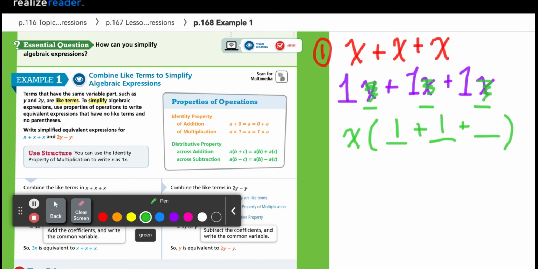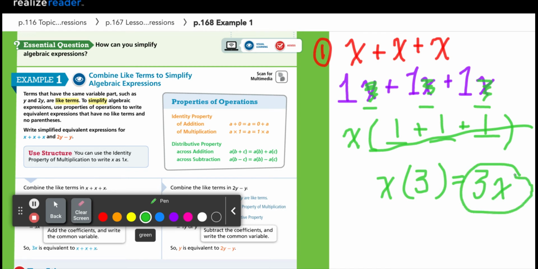Plus, I pulled this x out, what remains? 1. So now let's evaluate what's in these parentheses. 1 plus 1 plus 1 is 3. Parentheses x. Okay, so let's finish this up. Bring down the x. I can cross off this, 1 plus 1 plus 1 was 3. X times 3 equals 3x.